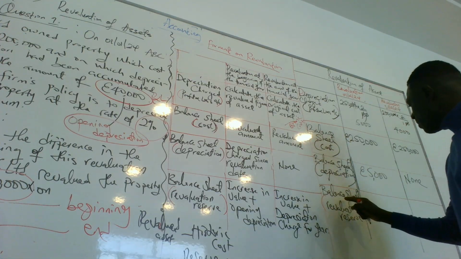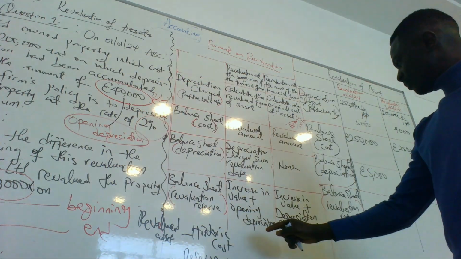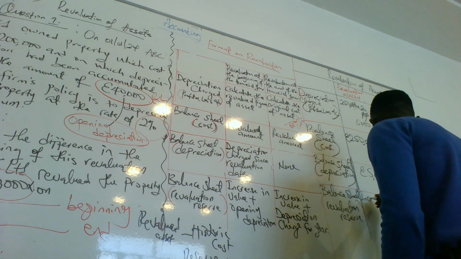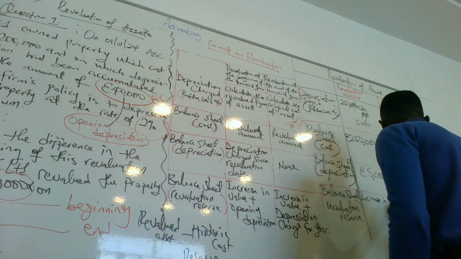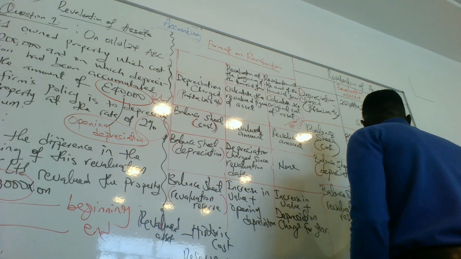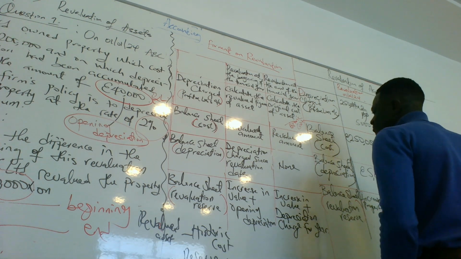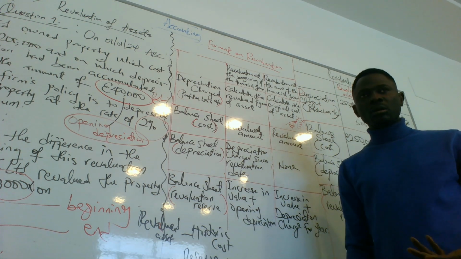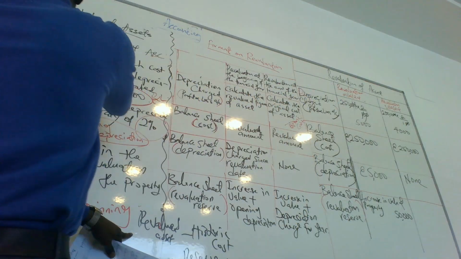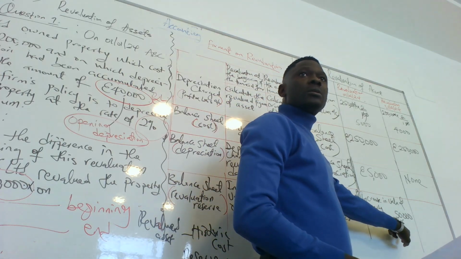Good. So here, balance sheet evaluation reserve, we have increase in value of assets, increase in value of property. That is 50,000, right? Yes or no, please? How? 50,000. 250 minus 200, 50,000.